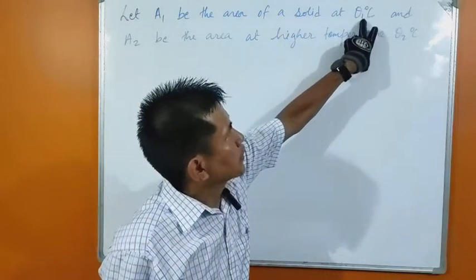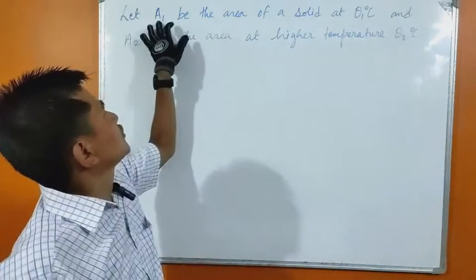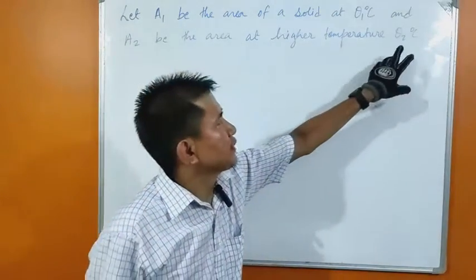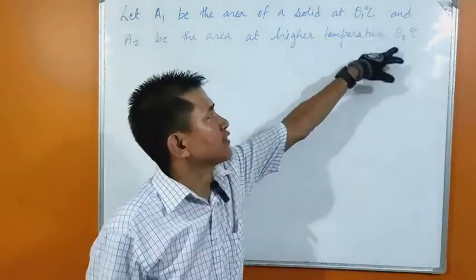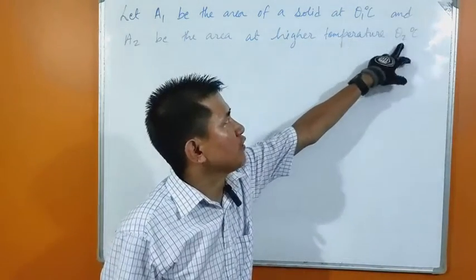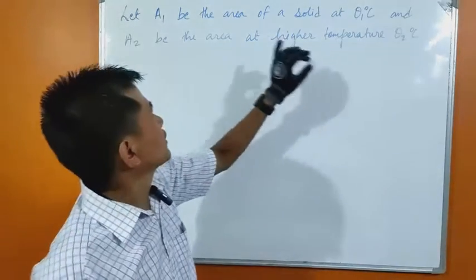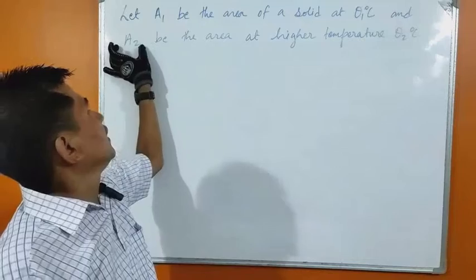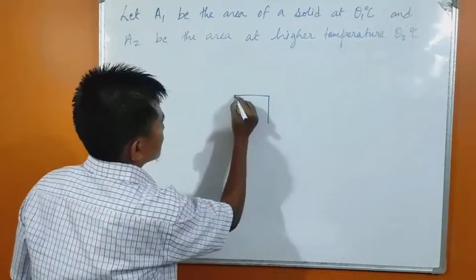Okay, when the temperature was theta 1 degree Celsius, the area of the solid was A1. Now when the temperature is increased to theta 2 degrees Celsius, which is higher than theta 1, the new area became A2. This is just an example.